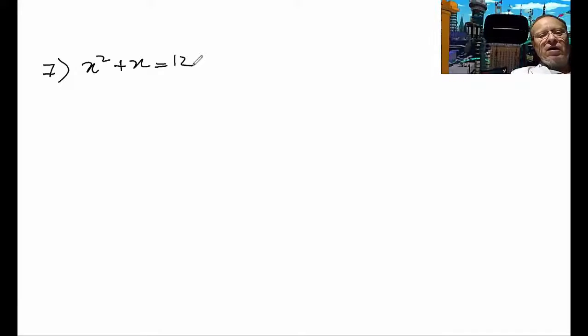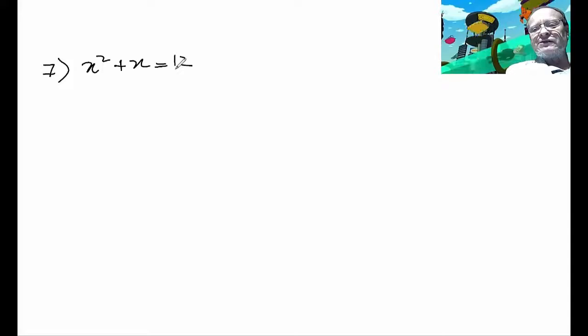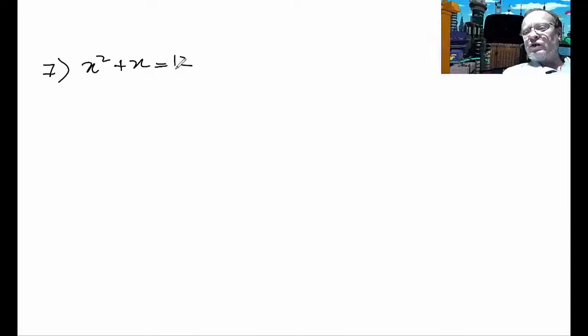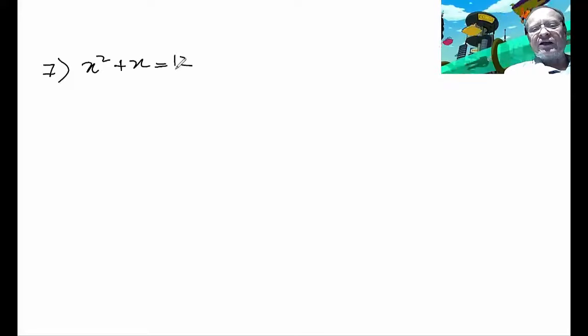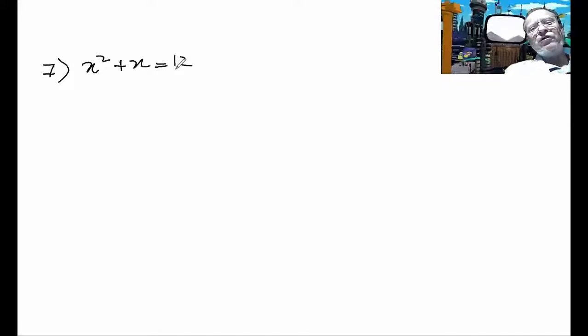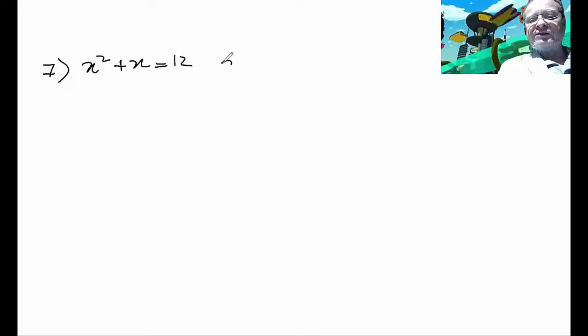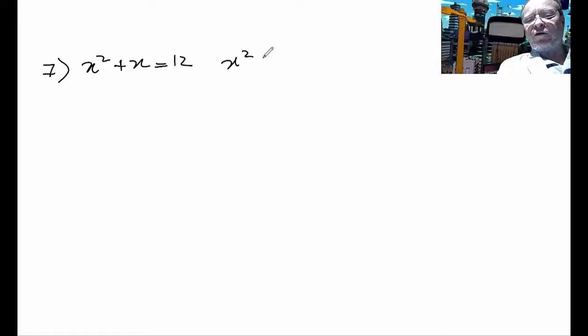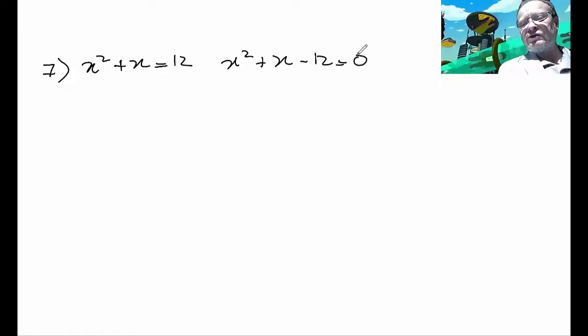But no, you can't, because it's not in standard form. If you want to use that little trick, you have to have it in standard form, and everything must factor out. So we have to put it in standard form. x squared plus x minus 12 is equal to 0.